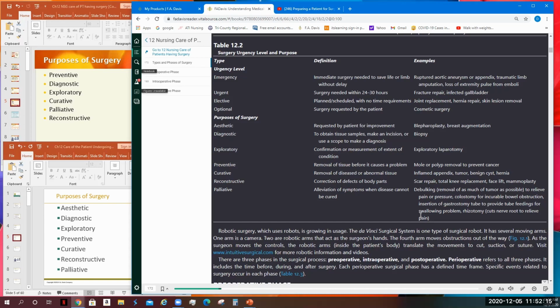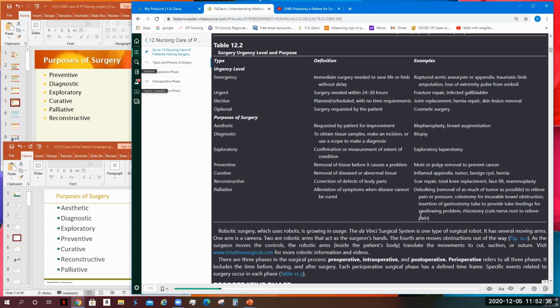So there are several different purposes for performing surgery. The aesthetic purpose is defined as being requested by the patient for improvement. An example would be blepharoplasty or breast augmentation.